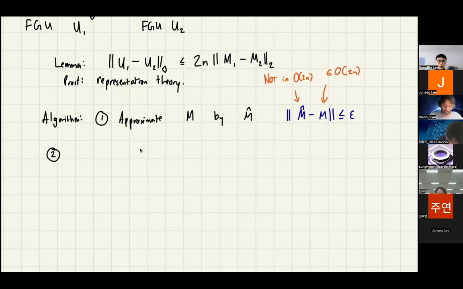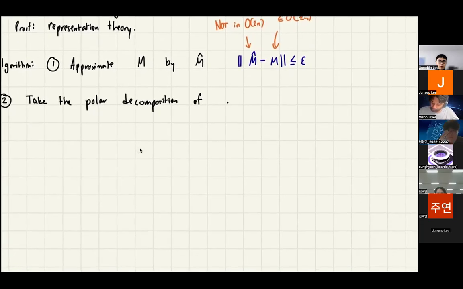What we do is take the polar decomposition of M hat to get M tilde.